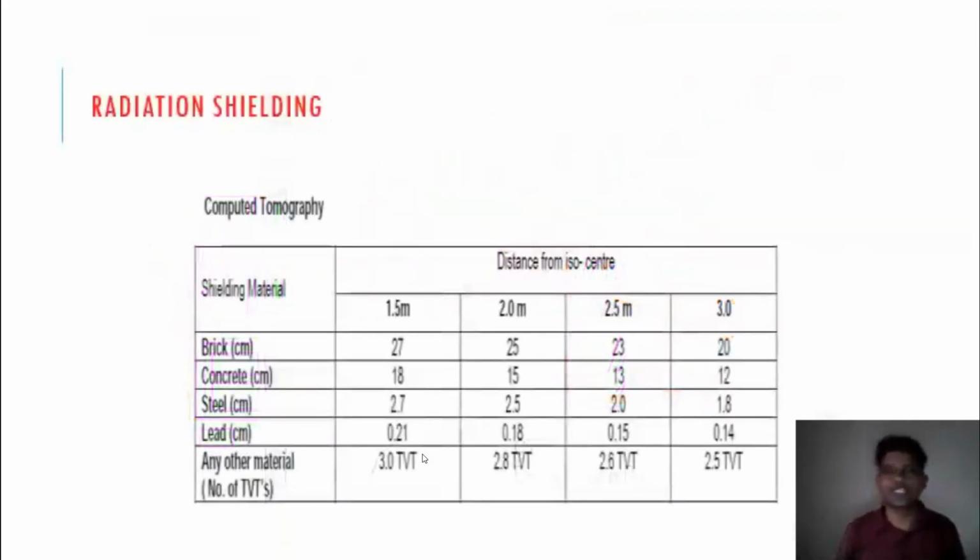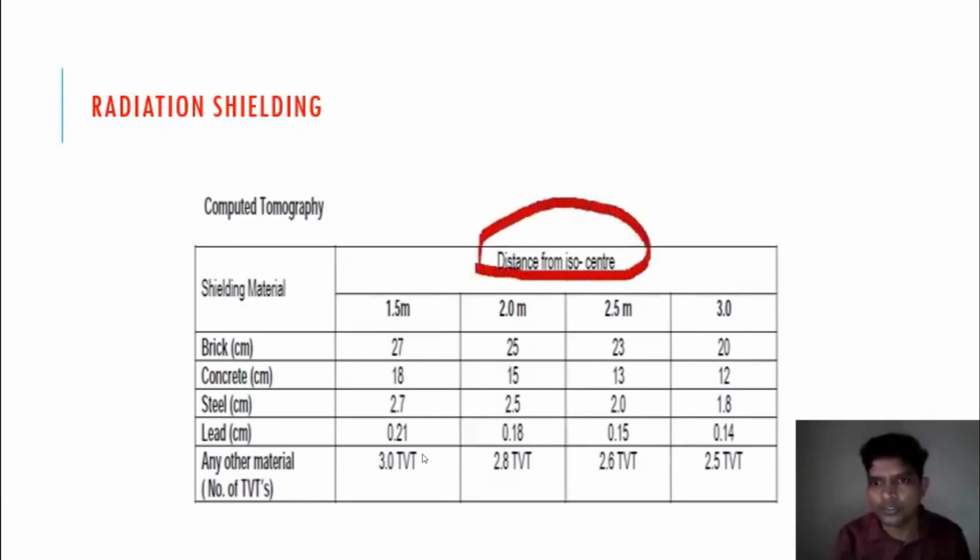So what radiation shielding is required if you are using computed tomography? From the distance I already told you, measured from the isocenter of the gantry of the CT equipment, if you are using bricks as shielding material, it should be 27 centimeters.